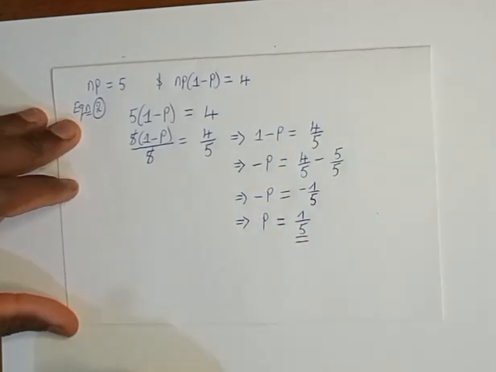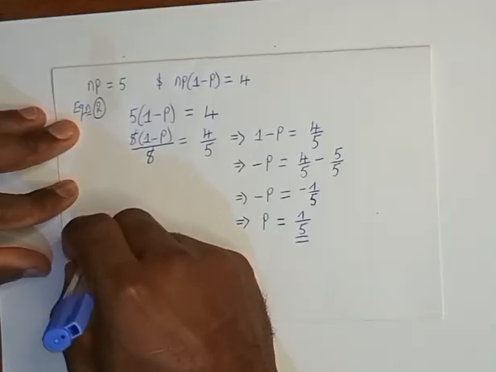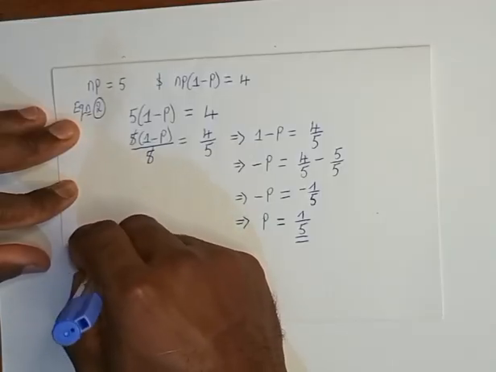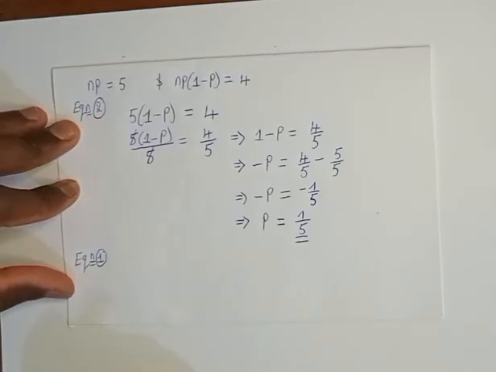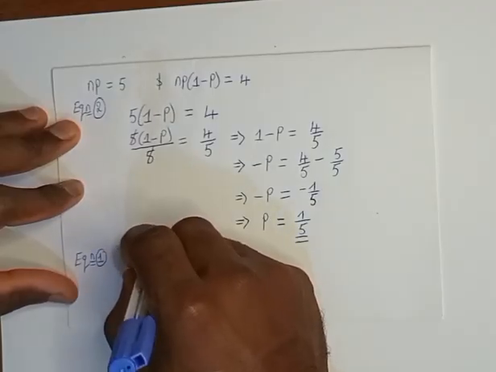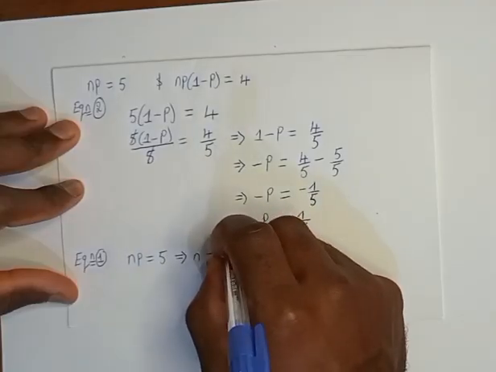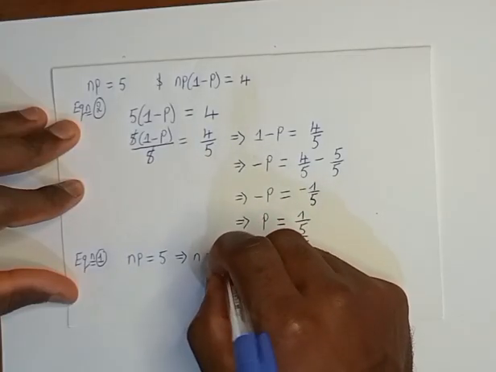This is p. Now by making use of equation 1, we can find n. In equation 1, we have np is equal to 5. Then n will simply be equal to 5 divided by p.